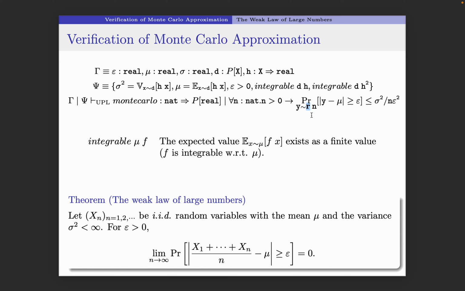The variable r in the conclusion refers to the program, and hence the probability in the conclusion corresponds to the probability in the weak law of large numbers. From the inequality in the conclusion, the probability converges to 0 as n grows larger.